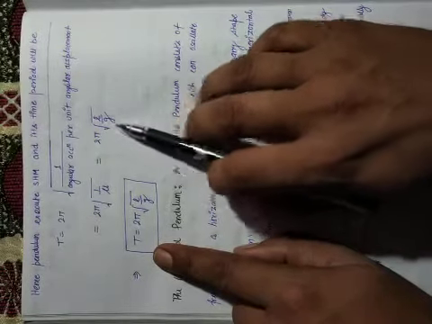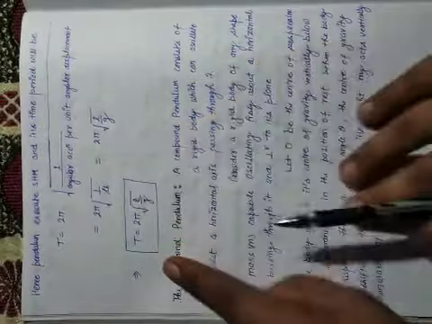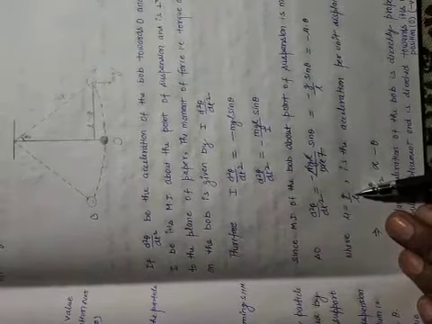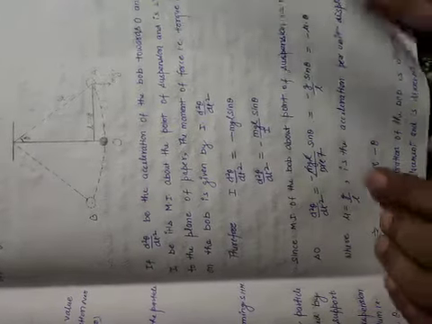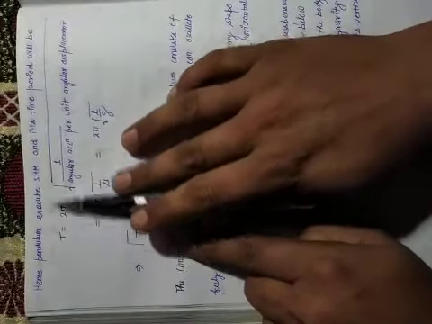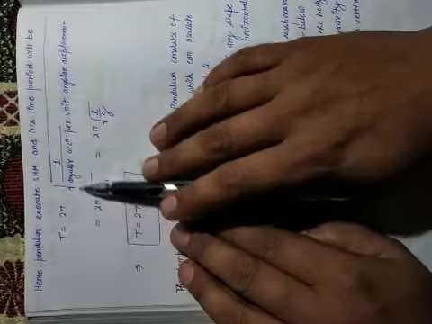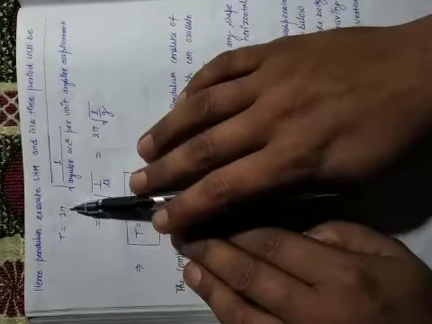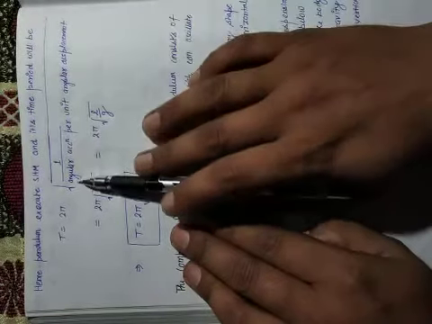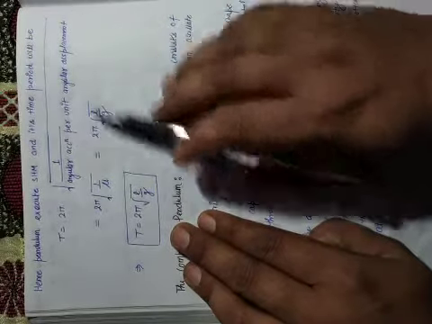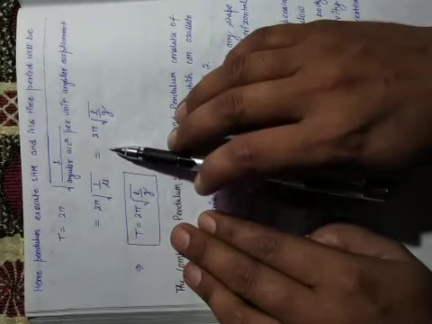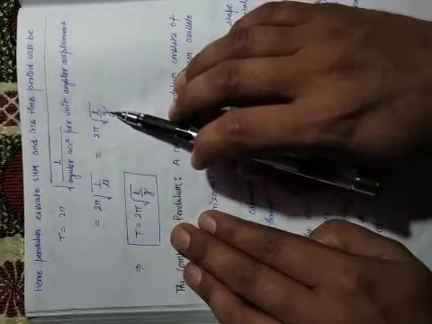Because the value of mu is g by L, 1 over mu is L by g. So the time period of the simple pendulum which executes SHM is T equal to 2 pi root of 1 over angular acceleration per unit angular displacement, and that is mu.